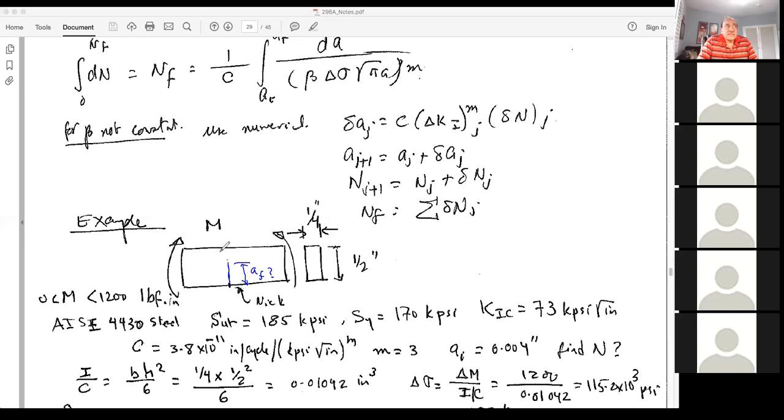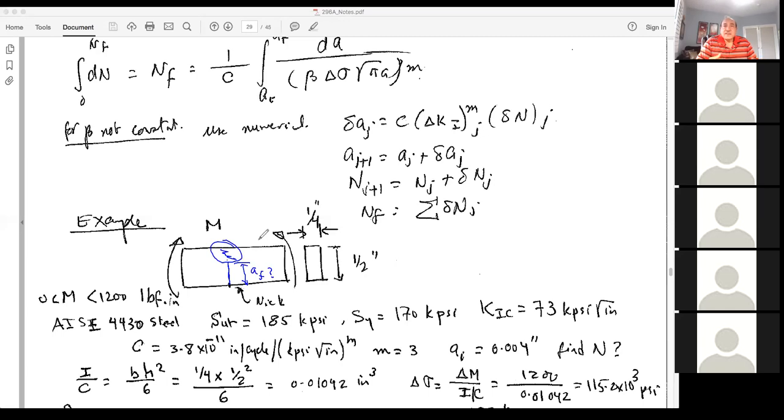The other one is that the remaining ligament here, this piece here, may not be big enough to support the applied load, and it could lead to yielding. So even though the stress intensity factor of the crack is not larger than the fracture toughness, the remaining ligament is so weak that it can just tear apart in a ductile fashion.